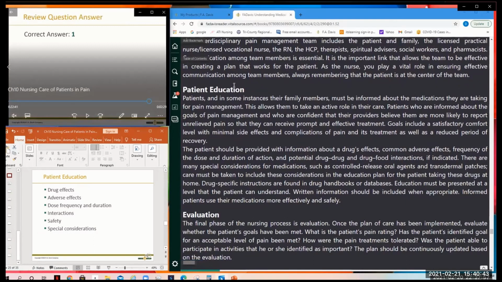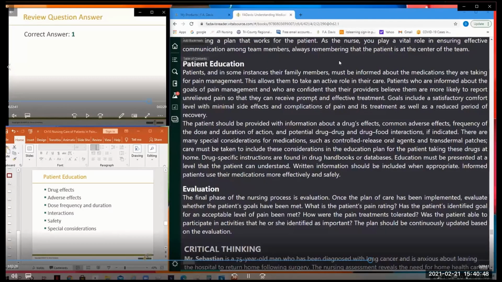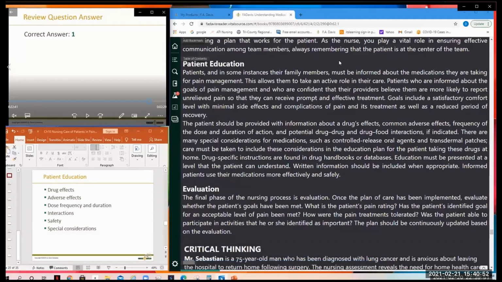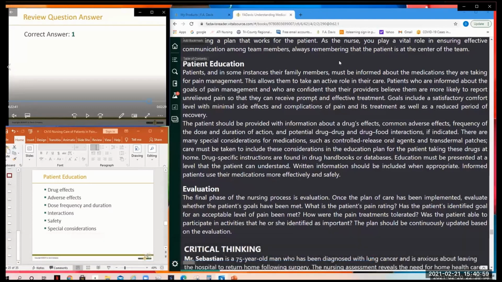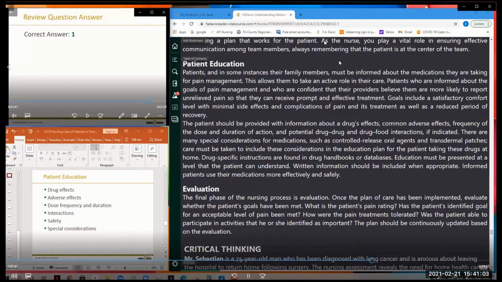Patient education. Patients, and in some instances their family members, must be informed about the medications they are taking for pain management. This allows them to take an active role in their care.